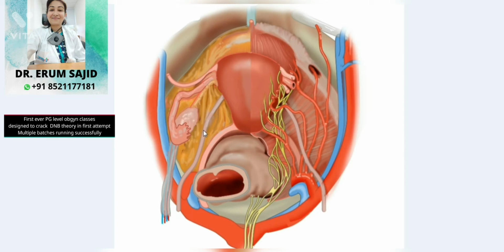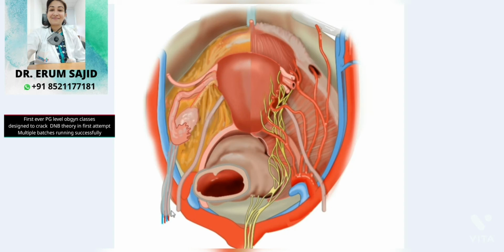Now, first of all, I chose this diagram for you because this is a good pelvic view. This is how it looks while you're doing hysterectomy. This is how it looks when you're doing laparoscopy. So it's very clearly and nicely given over here. In a nutshell, we can see the uterus over here, the adnexa out here, and the ureter can be seen very properly.